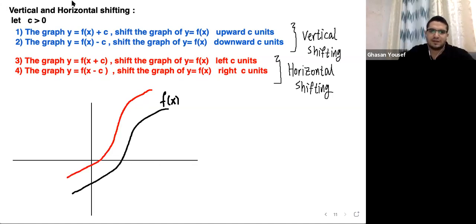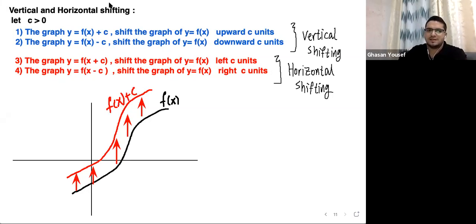Here we shift the original function f of x c units upward. All the points are shifted upward c units. So this function is f of x plus c.